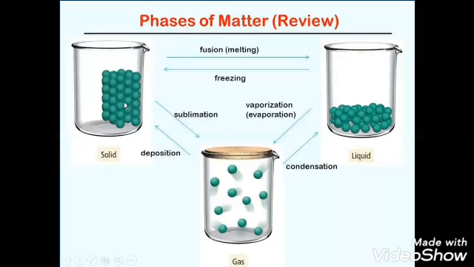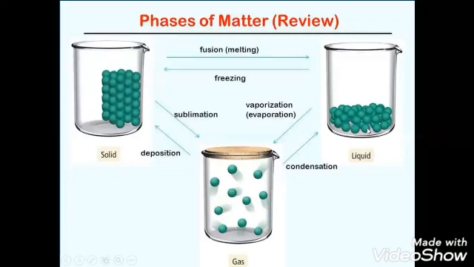Which means solid, because this interparticle space is very less, is not compressible. Compressible means decreasing volume by applying pressure. So if you apply pressure upon a gas, then the molecules will come closer to each other, and as a result volume will decrease.